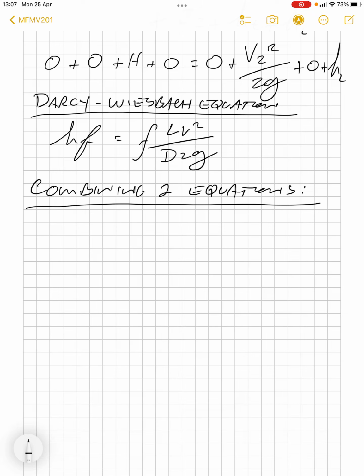We can substitute our friction loss as the last term of the equation.